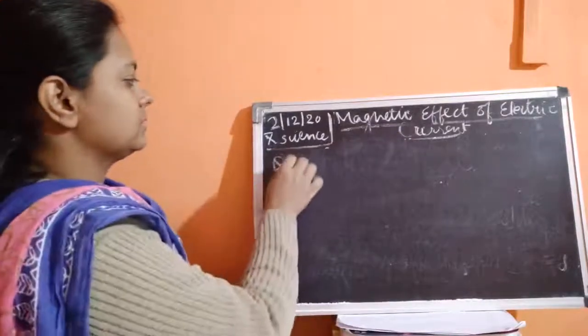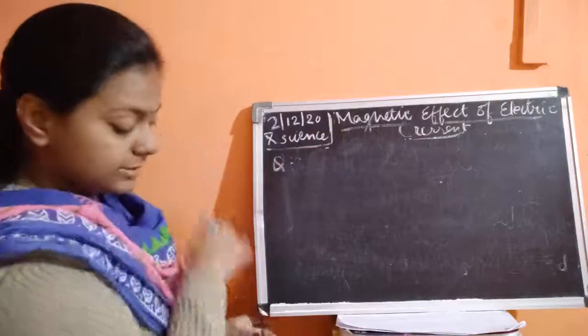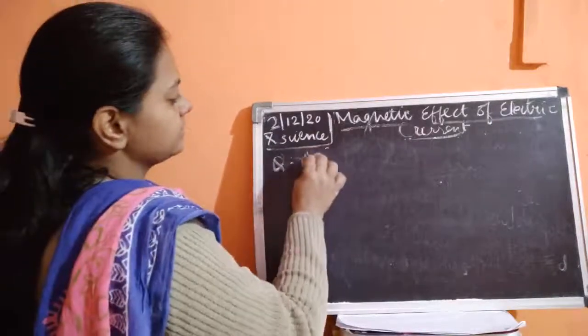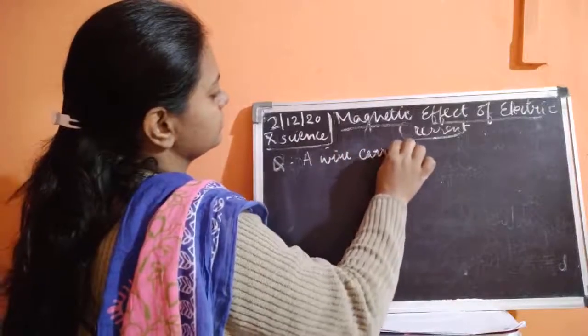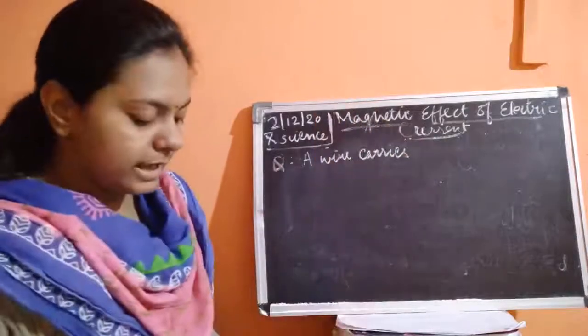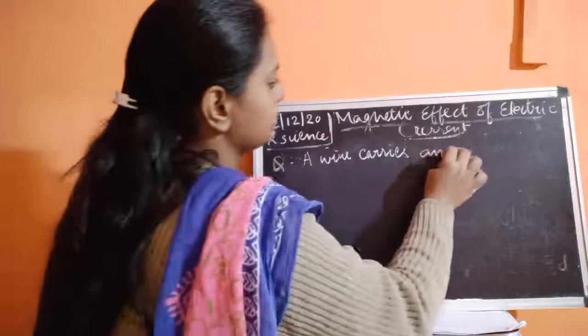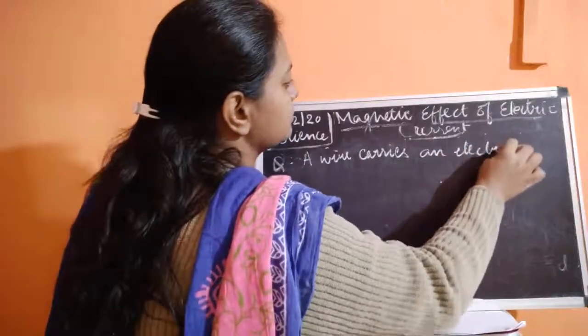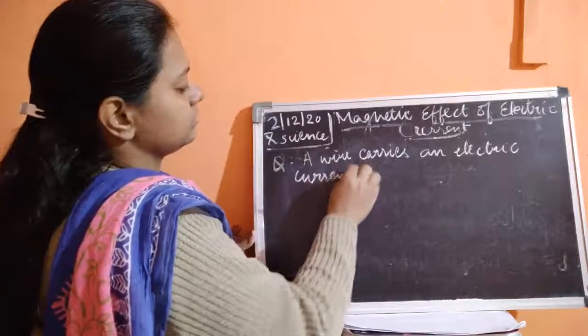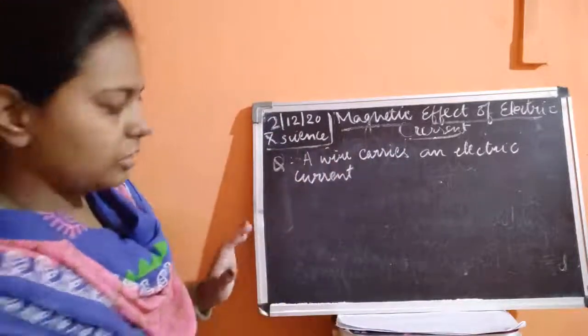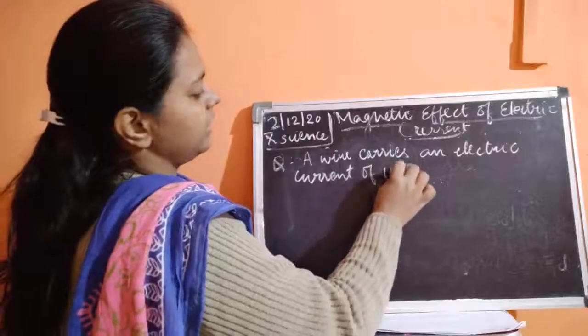Question says, a wire carries an electric current of 100 ampere.